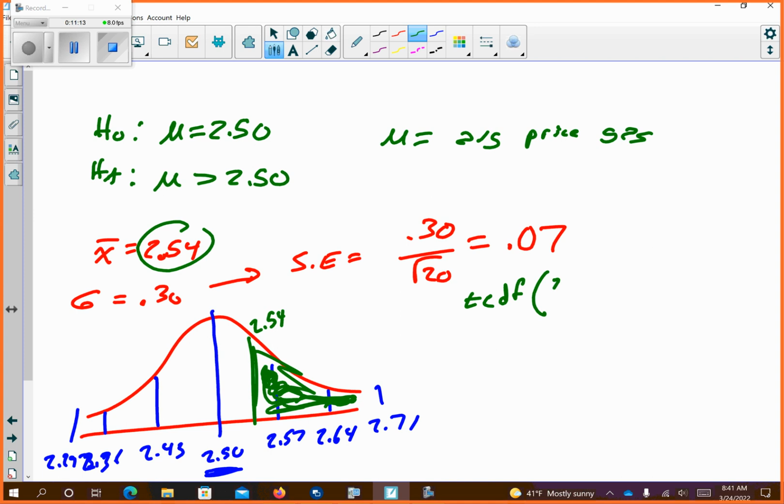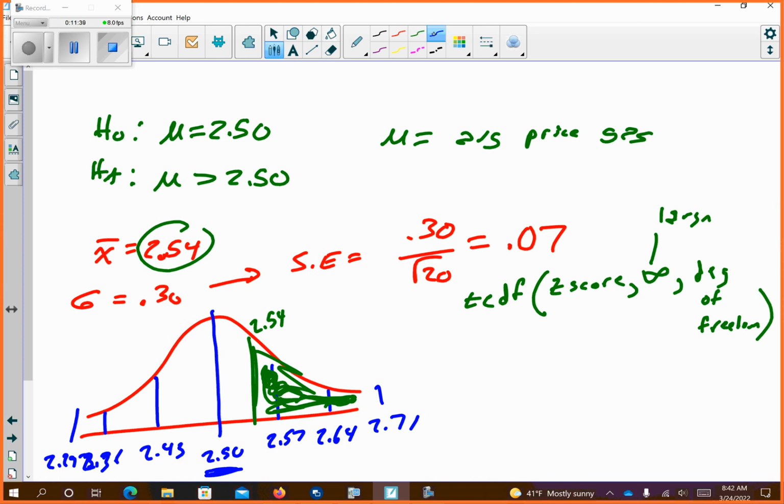This is the Z-score. That's something we haven't heard about in a while. And then we're going to infinity, so very large. And then we do our degrees of freedom.